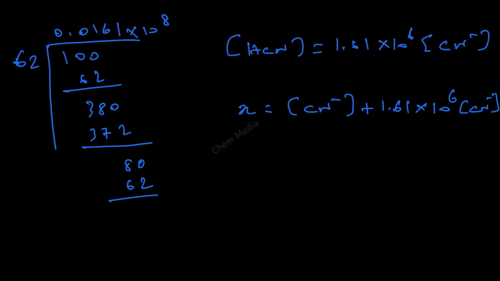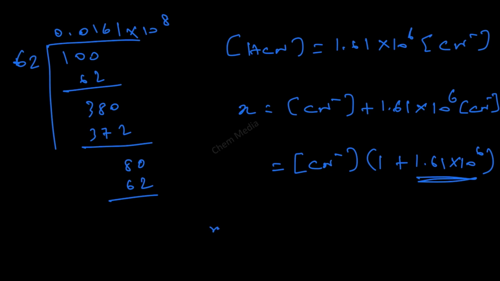So, therefore, this is equal to CN minus times 1 plus 1.61 times 10 to the power 6. This value is overwhelmingly larger than 1. So, therefore, we can ignore the 1, isn't it? Therefore, X is equal to 1.61 times 10 to the power 6 times concentration of CN minus.